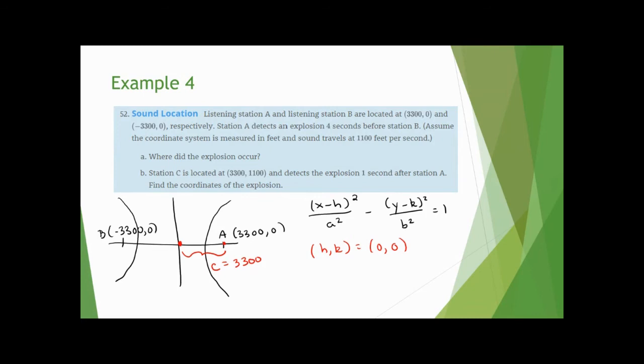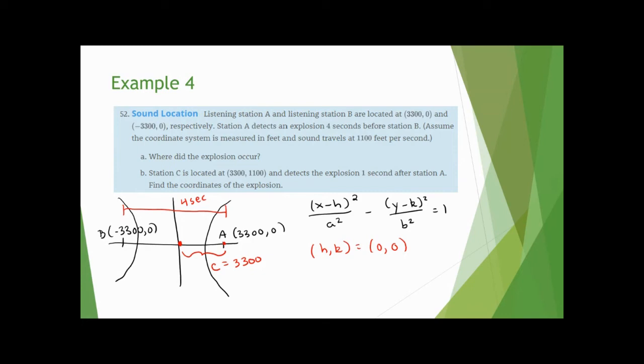This is where we need to use the information that station A detects the explosion 4 seconds before station B. That tells us it took 4 seconds to travel from station B to A. So this distance took 4 seconds, and we can determine how far that distance is.